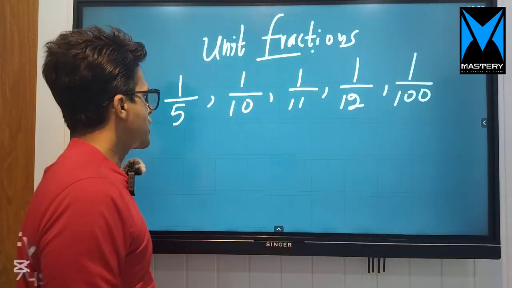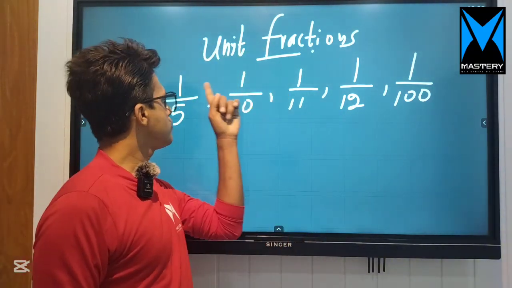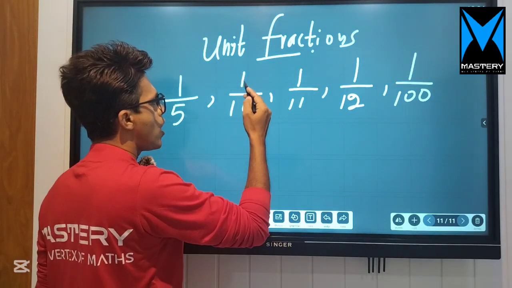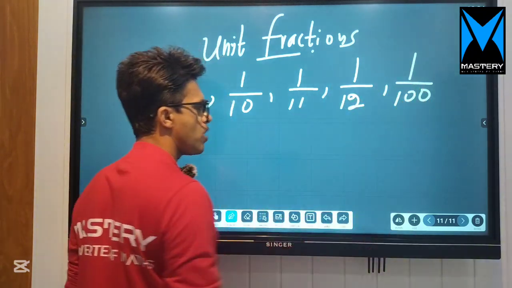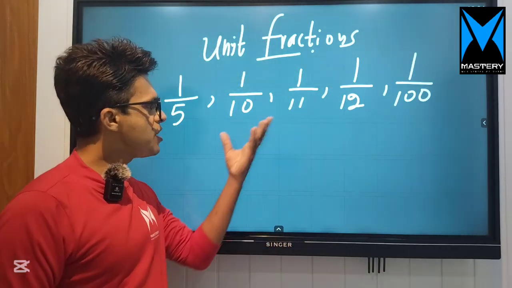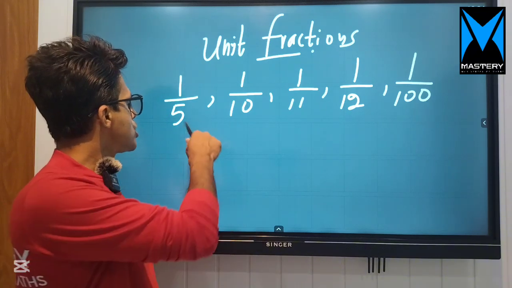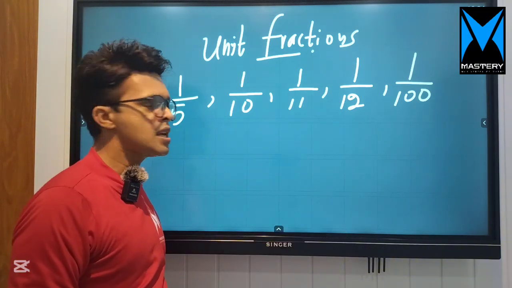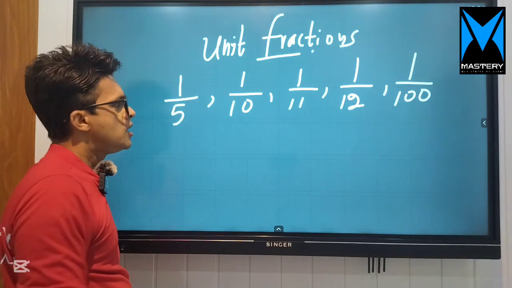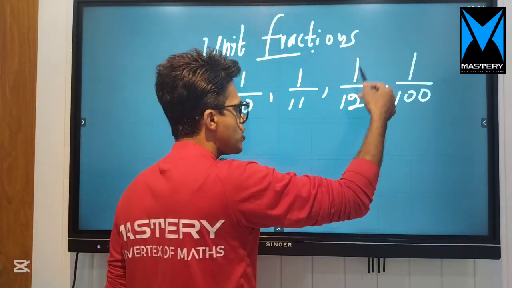In these fractions the numerator is 1 every time, while the values in the denominators change. Here the numerator is 1 and the denominator is 5; the numerator is 1 and the denominator is 10.